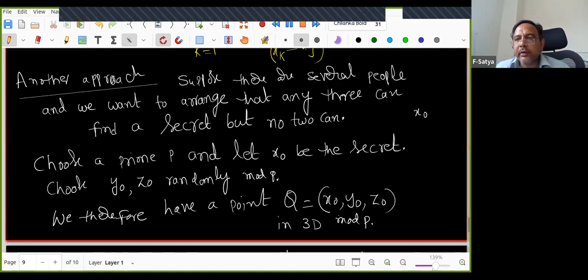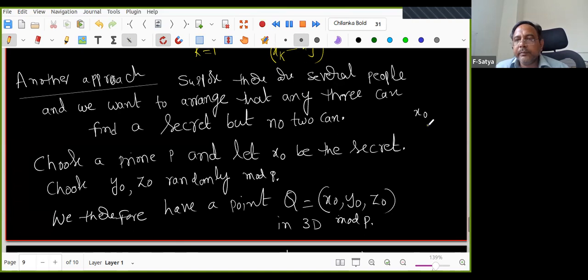So I have to share with 5 people, but I will not share it as it is. What will I do? I choose y naught randomly. Then I get a pair x naught comma y naught, which is an element somewhere in R2. Let us assume real numbers. Is it okay?